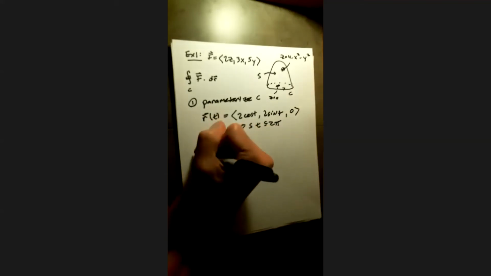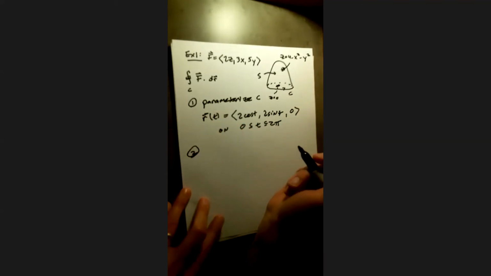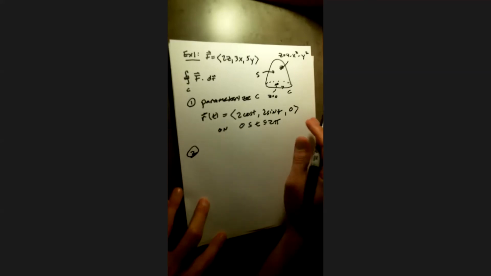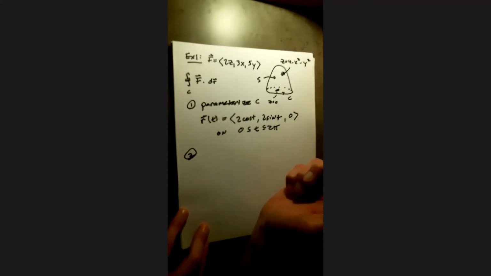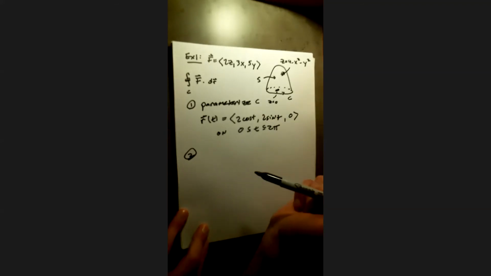All right, so then what's step 2? Parameterize S. We'll come back to S. That'll be step 1, part 2, or something like that. But just in our normal evaluation of a line integral, what do we do after we find our parameterization?